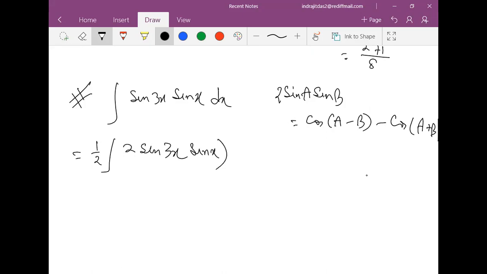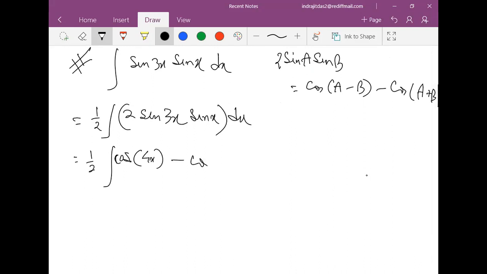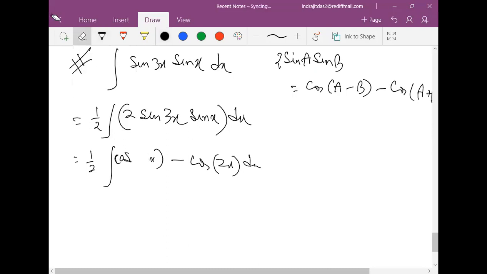So in these questions, it is not the whole idea of integration that is required; rather we need trigonometric conversion. So this is cos A plus B, where A is 3x and B is x, so it will be 4x, minus cos of 3x minus x, that is 2x. Okay, I have made a mistake, sorry, I used the wrong formula, because this should be the other way around.